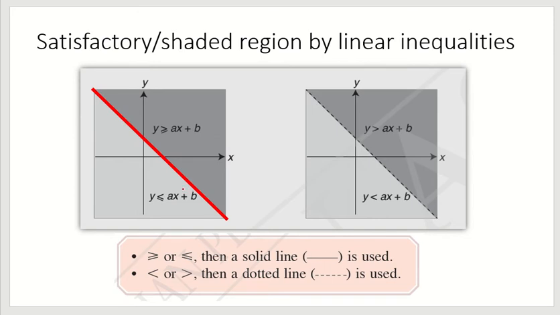When we use the dotted line, we don't have the equal, it's bigger or smaller only. Not equal means not including the line, this region not including this line, so we use the dotted line. When we use the solid line, it's equal, so including this line.